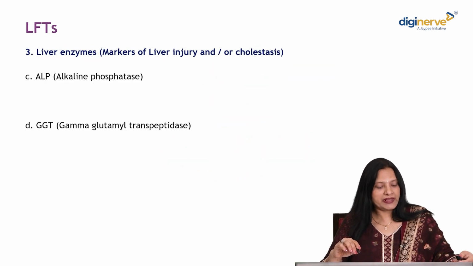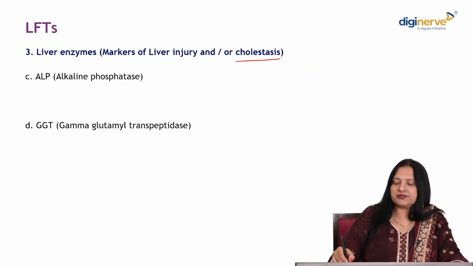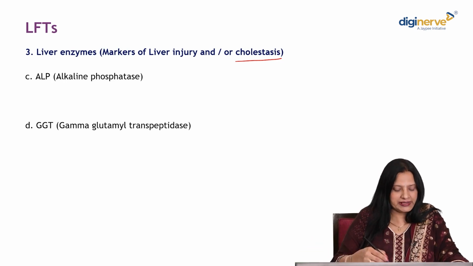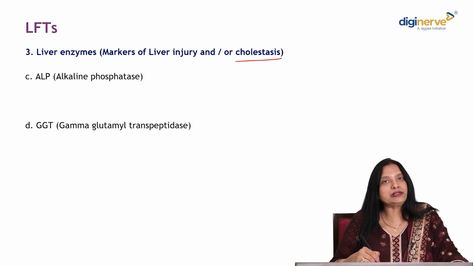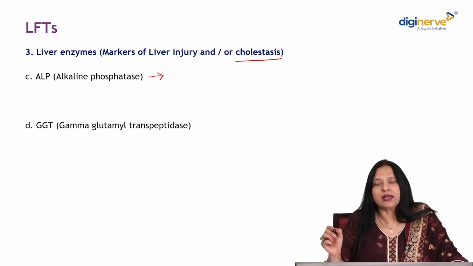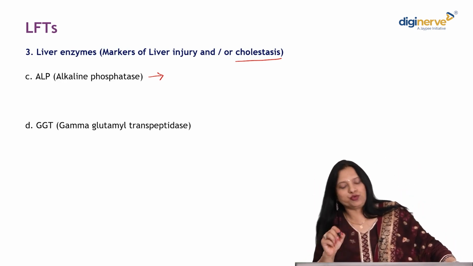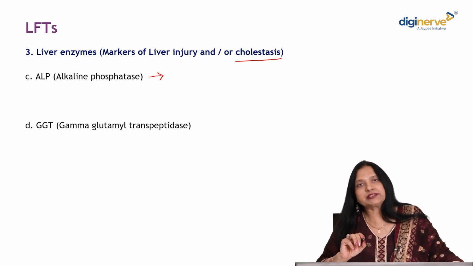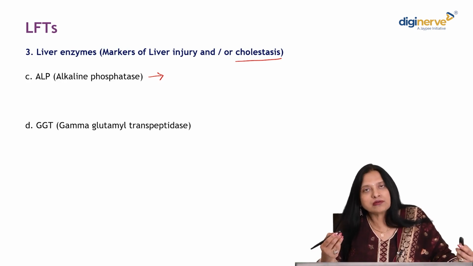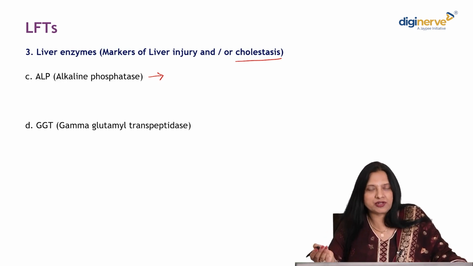The next group of enzymes are the markers for cholestasis: alkaline phosphatase and gamma glutamyl transpeptidase, GGT. Let us take them one by one. For ALP, the normal levels are 40 to 125 international units per liter, and it is raised in obstructive, cholestatic or post-hepatic jaundice.